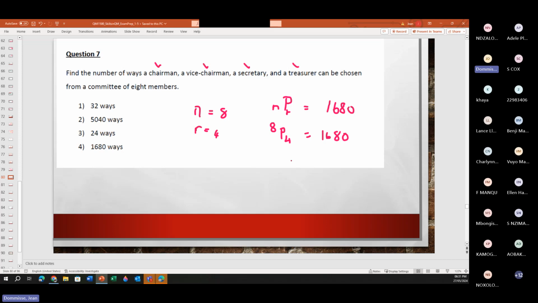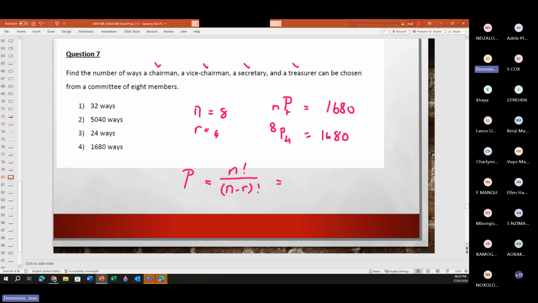Let's quickly find the formula sheet. On the formula sheet, there is the permutation formula.